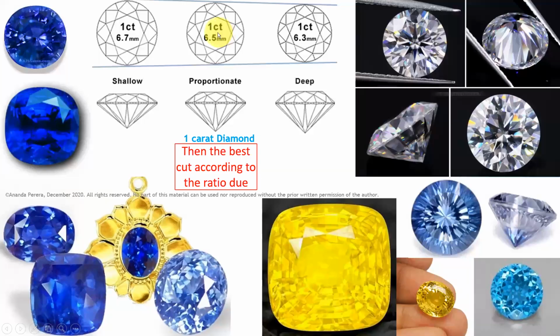Now look at these. All the stones here are ideal cuts. This is a little bit different. You can see the window in the middle of this stone. Look at it. You can see the window here because it is not proportionally cut. You can't see any window here.